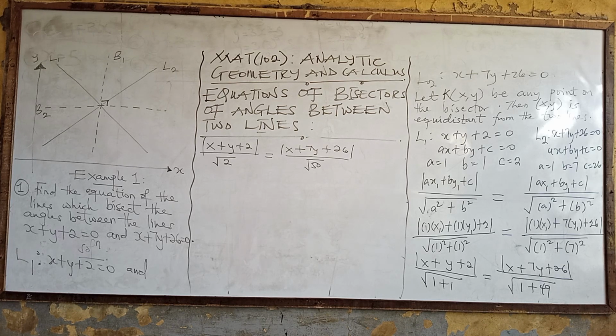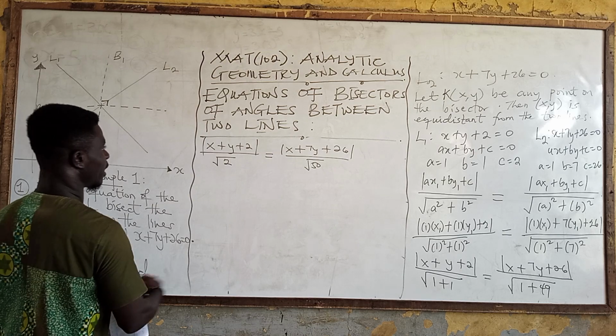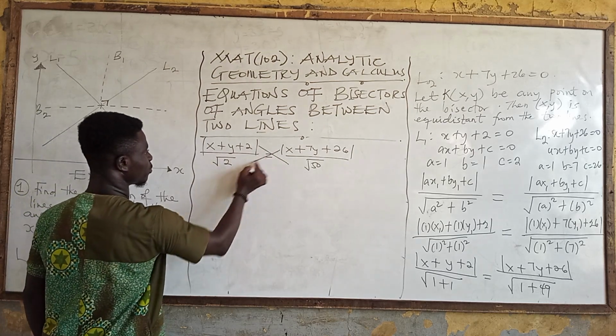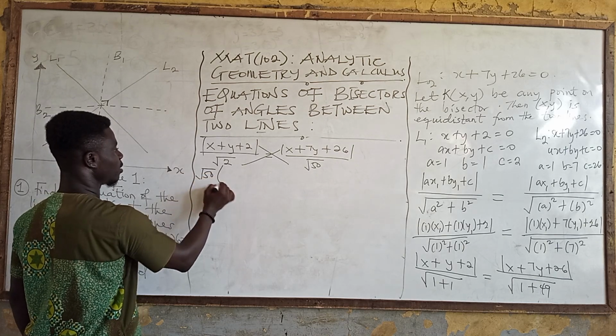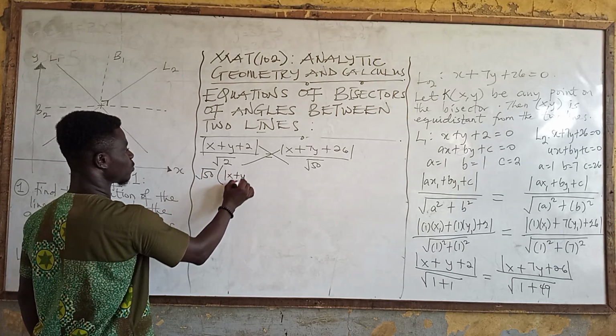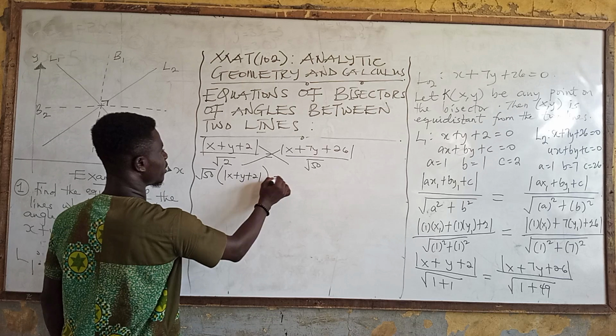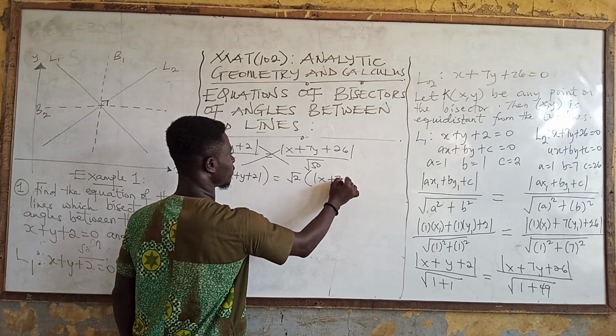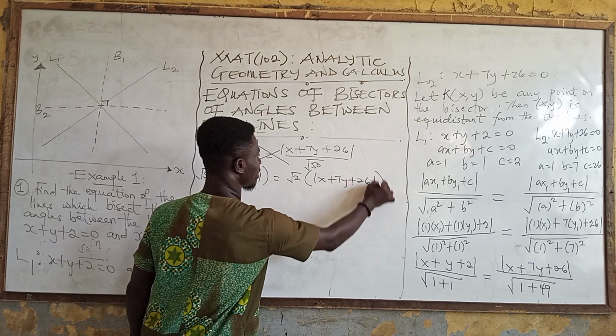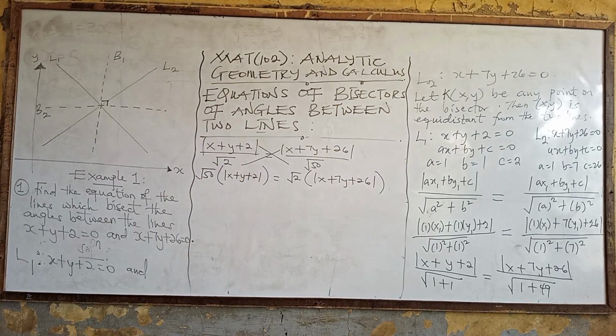By cross product, we have square root of 50 multiplying the absolute of x plus y plus 2 equals square root of 2 multiplying the absolute of x plus 7y plus 26. So we have this.